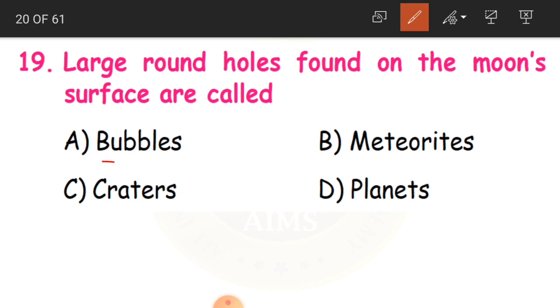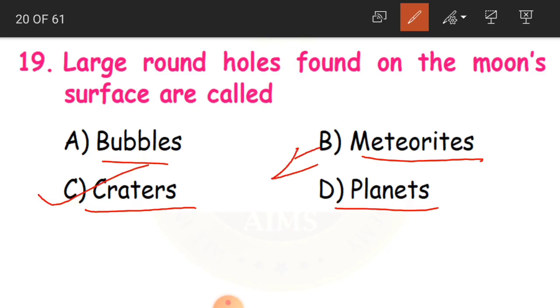Are they bubbles, meteoroids, craters or planets? And the answer is craters. Meteoroids are rocks from outer space. When they hit the surface of the moon, we can see round holes on the surface, which we call craters.